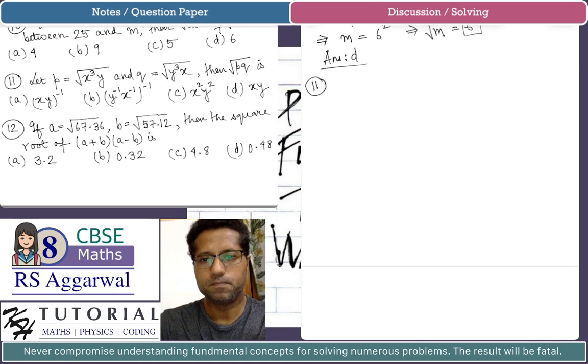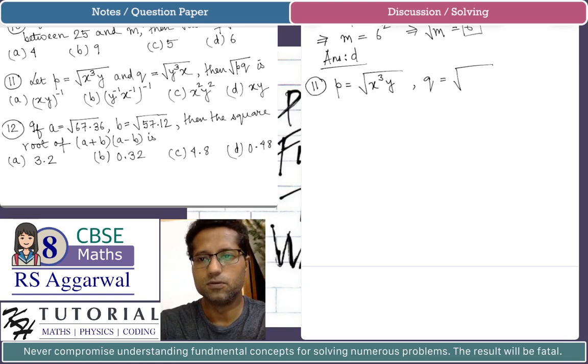So p is given as the square root of x cube multiplied by y, and q is given as the square root of y cube and x.